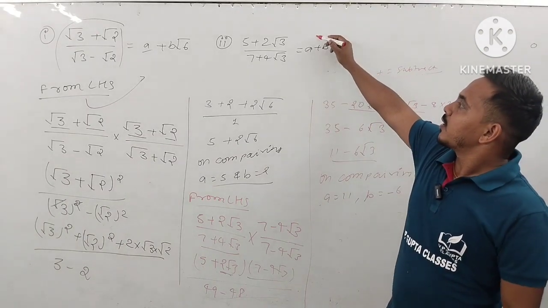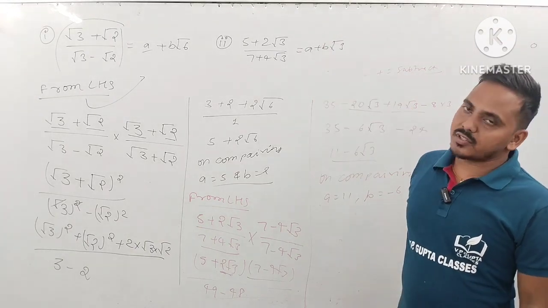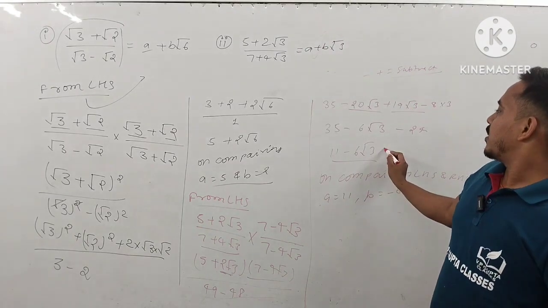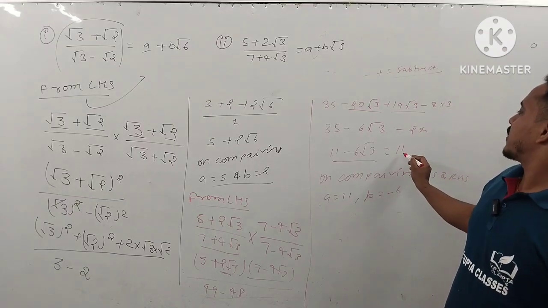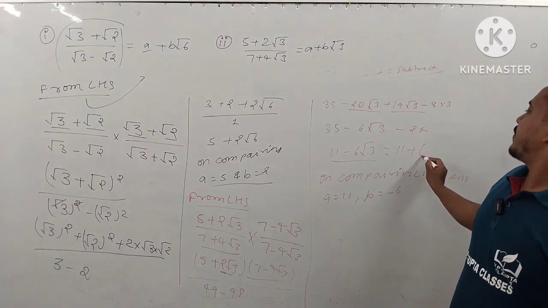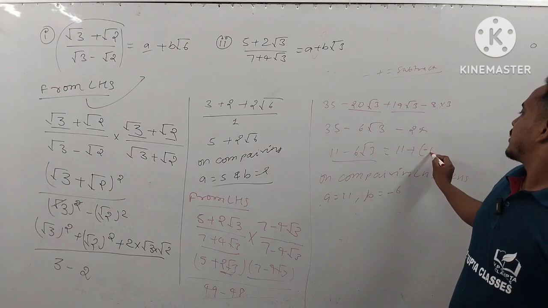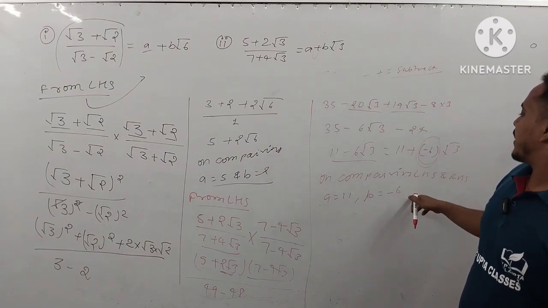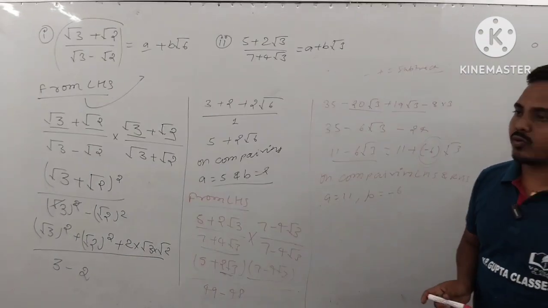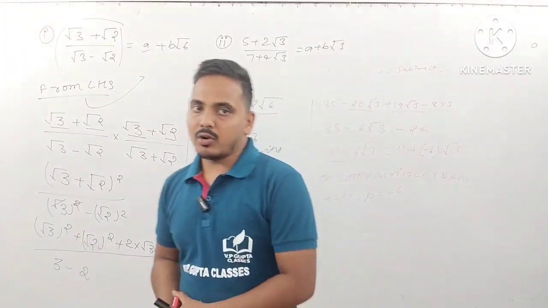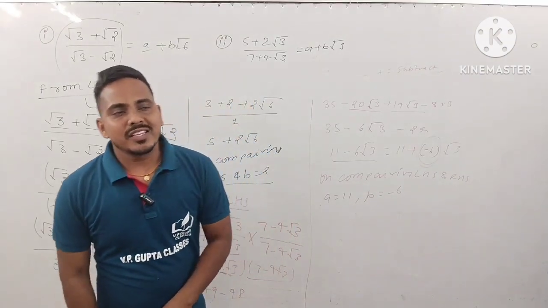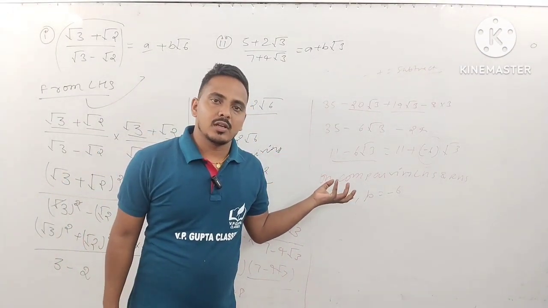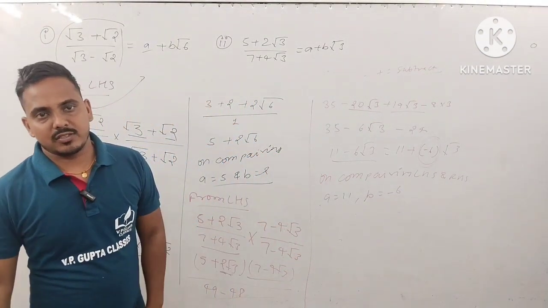Since this term is positive, we also write it as 11 plus minus 6 into root 3, that is, in the place of B, minus 6. So A is equal to 11 and B is equal to minus 6. These types of questions are solved by these methods.